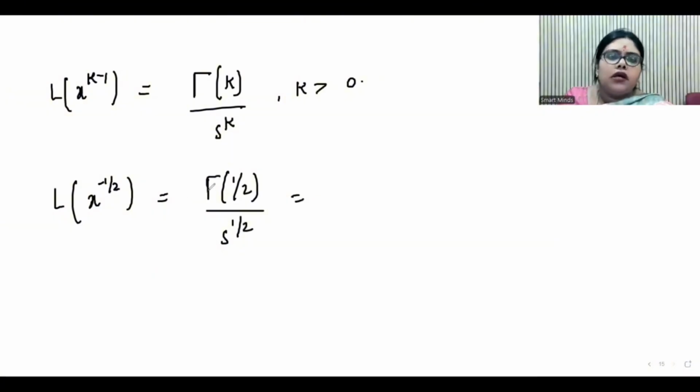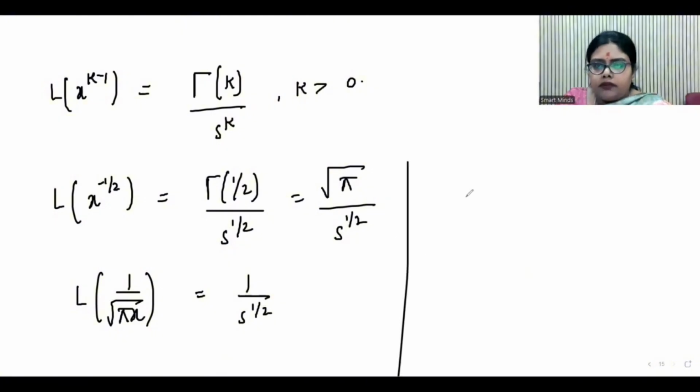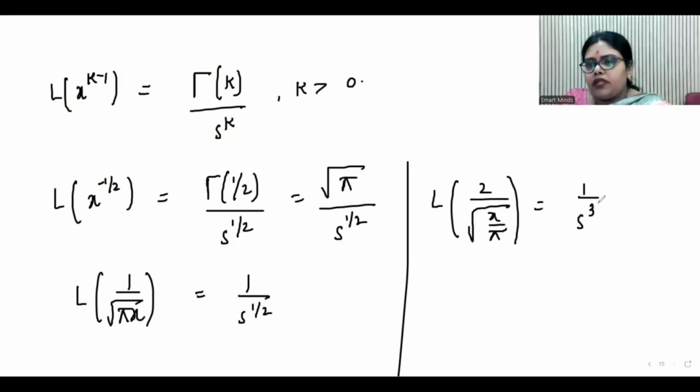Always remember, gamma of 1/2 is root pi. So it is root pi by s^(1/2). Then L of 1 by root(pi x) is 1 by s^(1/2). L of 2 root(x by pi) is 1 by s^(3/2).